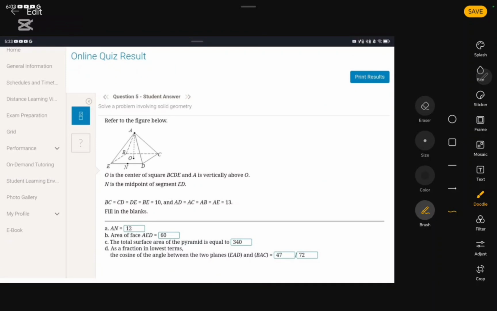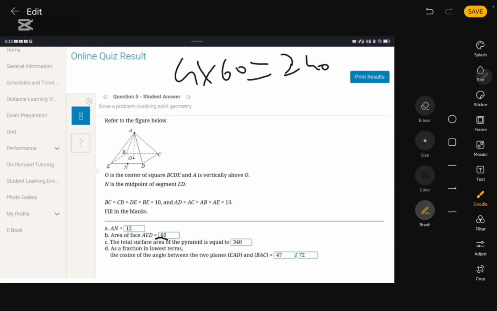Okay, the total surface area of the pyramid is equal to something. Now, since we found the area of face AED is 60, that means all the other triangles are going to be 60. In this pyramid, it has 4 sides, 4 triangles. So we're going to do 4 times 60 equals 240.